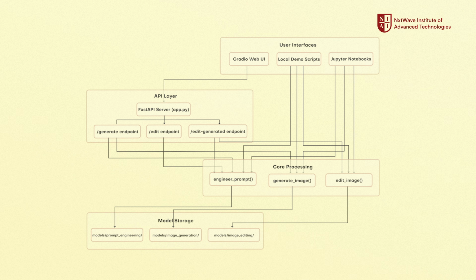In this case, both of them are Stable Diffusion, pointing to the same model with a different pipeline. So this is our full structure end-to-end, layer by layer, connected with each other, and it functions starting from the user interface to the API layer to the processing, the model storage, and then back to the UI in the same direction. So that's how the entire process works.